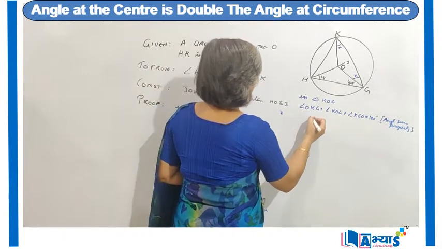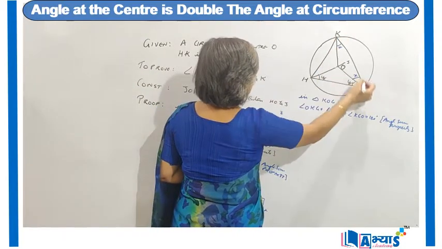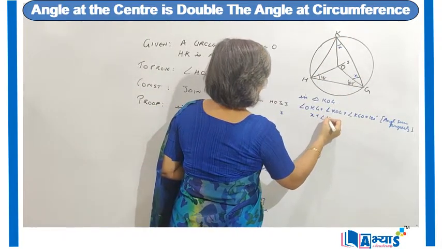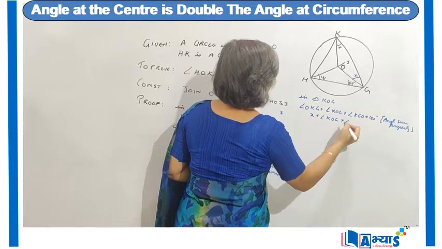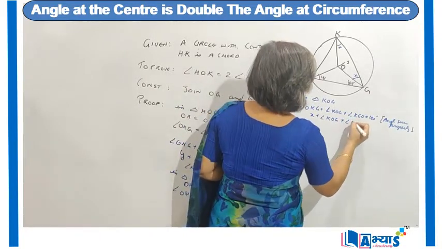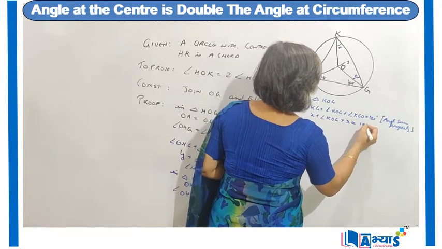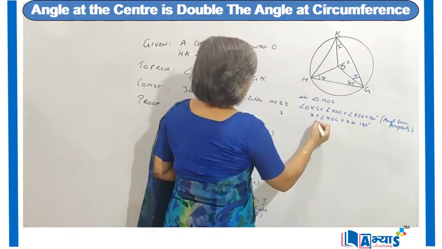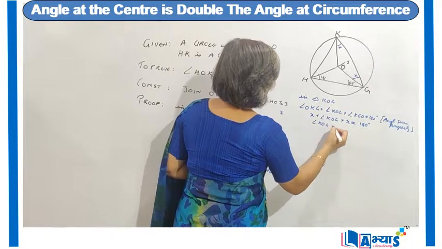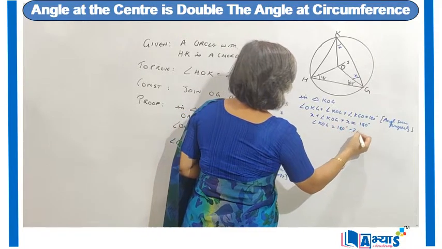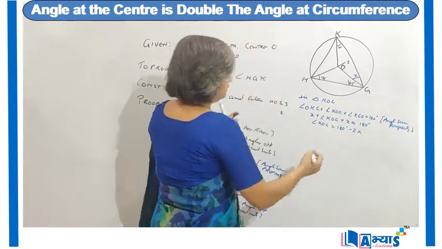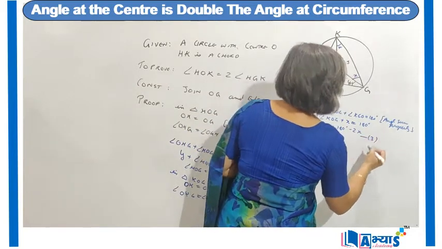So we can say that X plus angle KOG plus X is equal to 180 degree. So angle KOG is equal to 180 degree minus 2 times x. Let us mark it as equation 3.